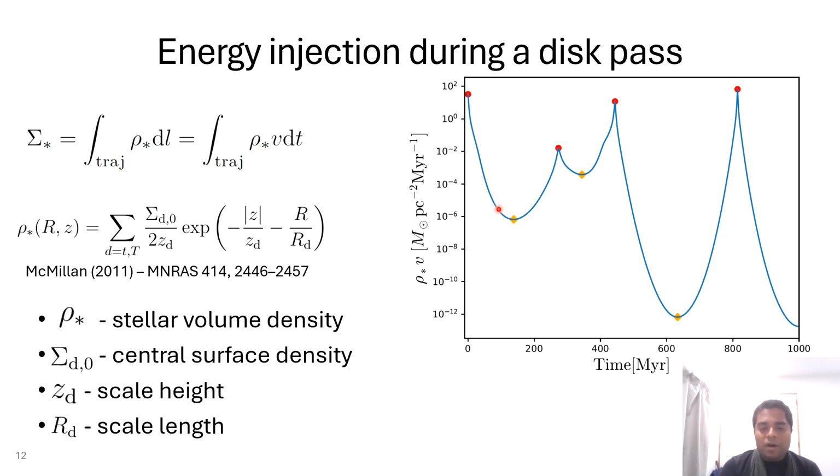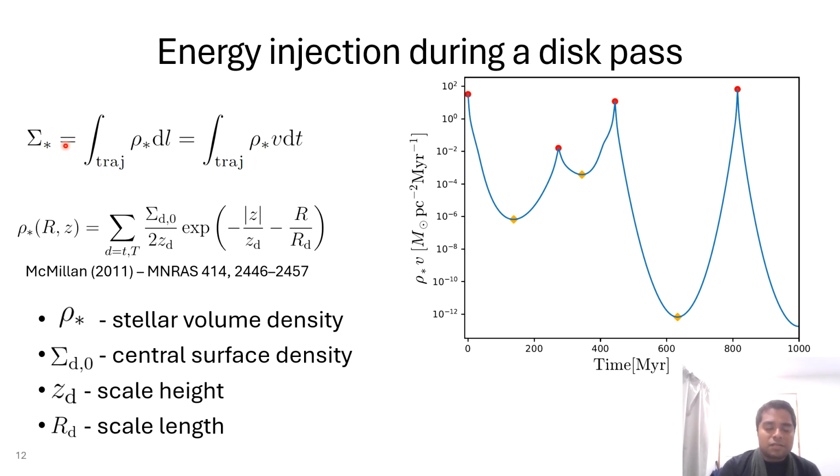The orange diamond markers are the local minima, and these are the instants of time when the mini-halo is furthest away from the stellar disk. One disk pass is considered from one local minimum to the next local minimum with the local maximum in between, and that is the domain of integration over here.